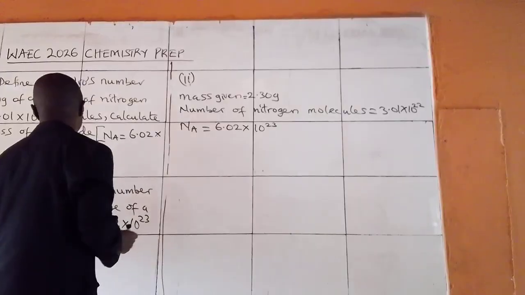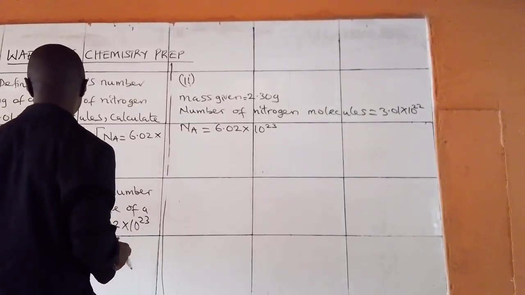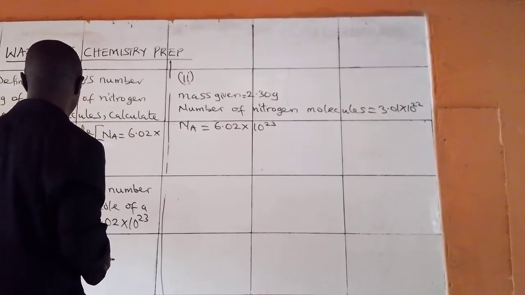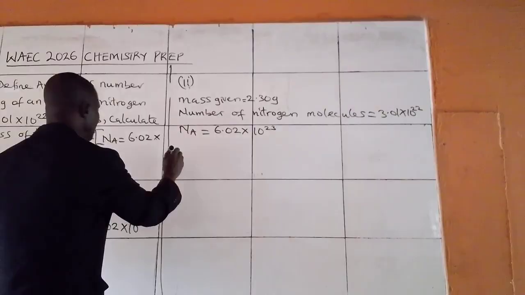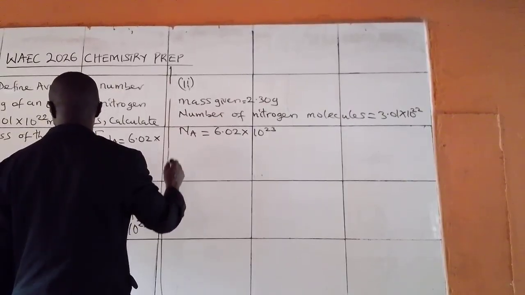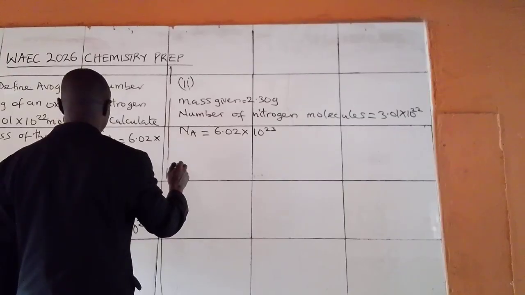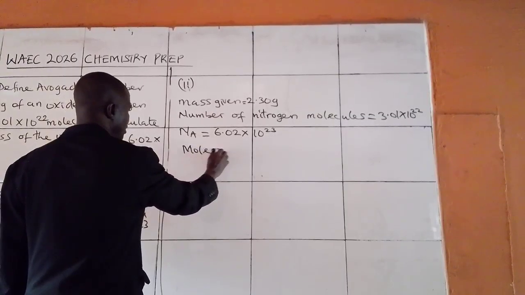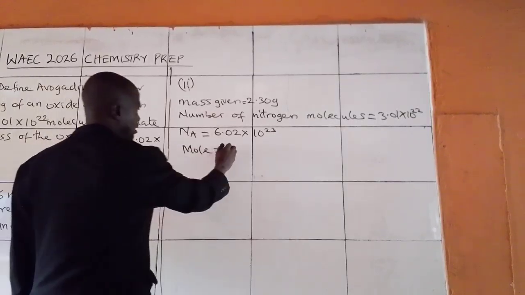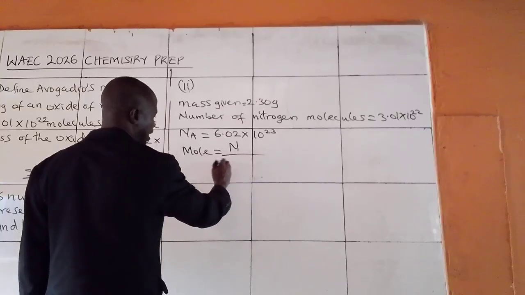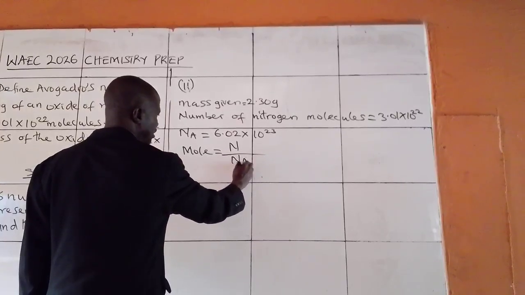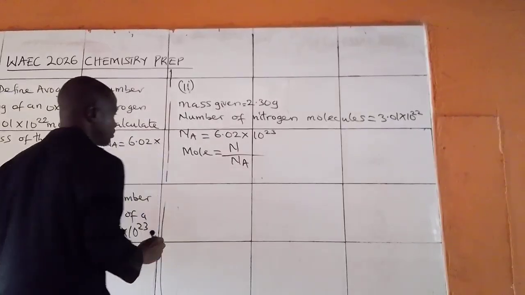Now, the mole has to be calculated. And how can the mole be calculated? Now, mole is equal to N all over Avogadro's number, Na. Okay?